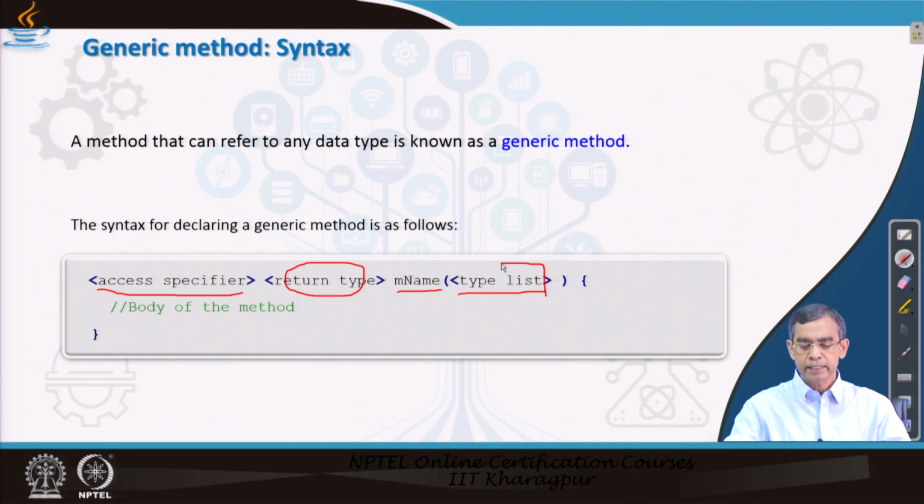The syntax lets you mention the different types of arguments that you want to pass, and also the variable arguments. Finally, this is the body of the method, which contains the different steps. Now, we will discuss how the arguments in a method can be declared in a generic way.